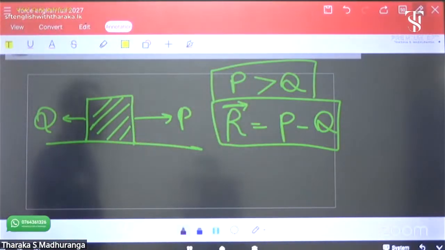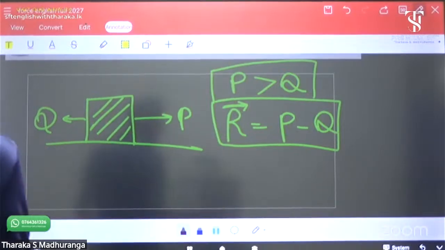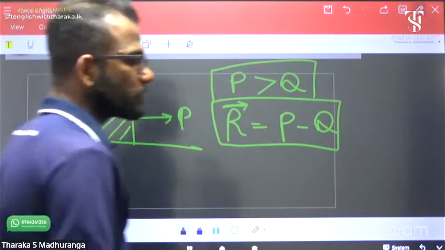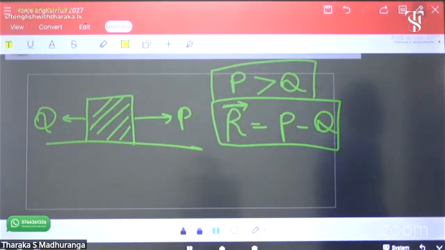Okay, that's the story. Two forces acting along opposite directions.